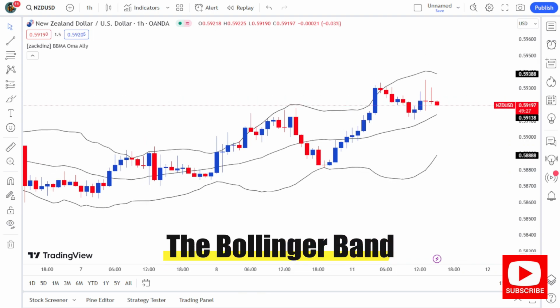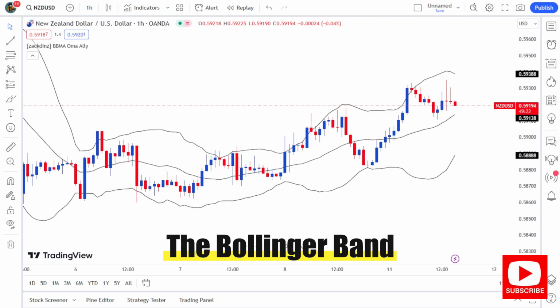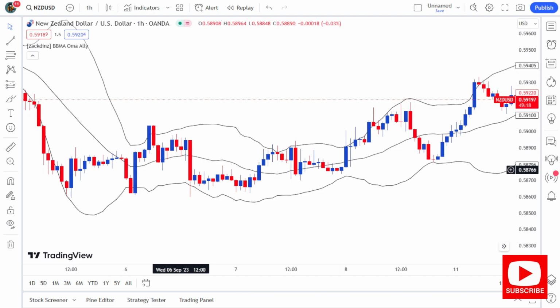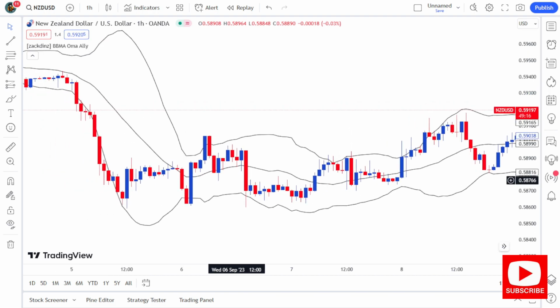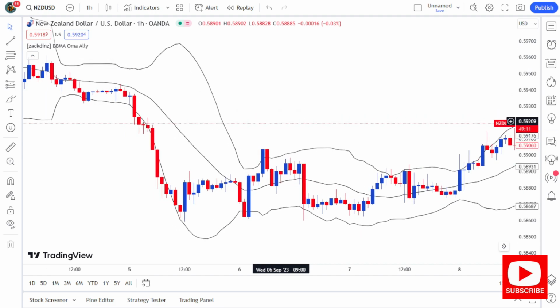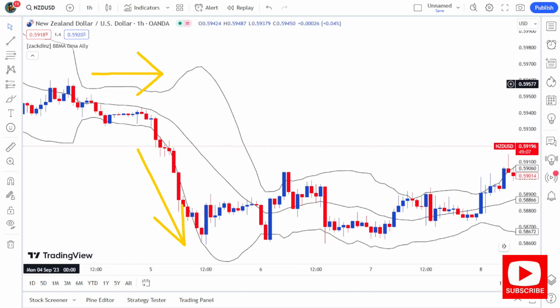Let's talk about the Bollinger Band first. In the BBMA strategy, it is very important to know about the Bollinger Bands because it is a very powerful tool. The Bollinger Band gives us two directions, which are the horizontal and the vertical.